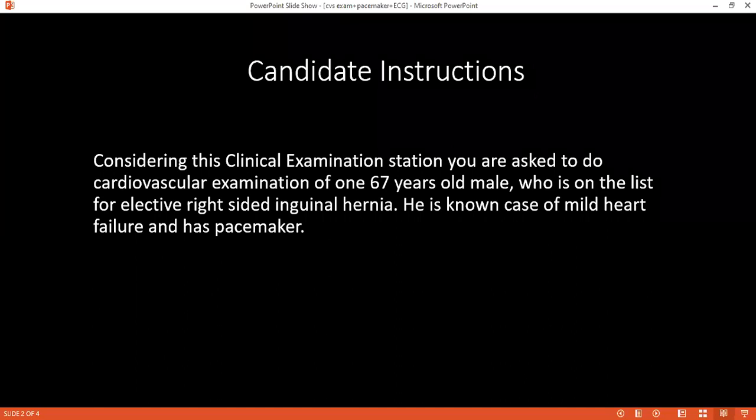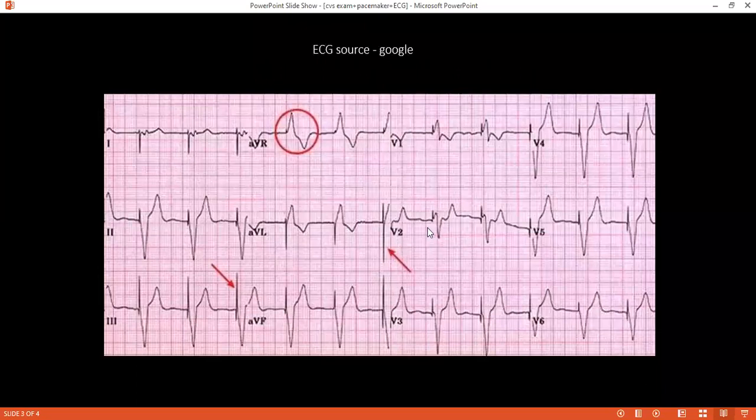That's why you are doing the cardiovascular examination, because the patient would be operated on for a right-sided inguinal hernia, and the patient is a heart patient already in mild heart failure with a pacemaker. So this does not belong to this patient, but this is the ECG of a patient with a pacemaker, and these are electrically stimulated rhythms.